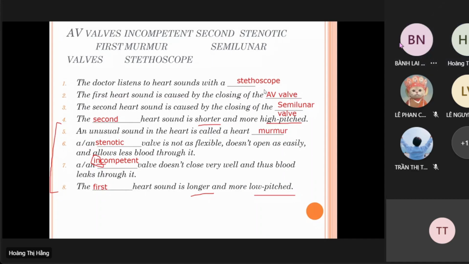Rồi, tiếp. And when a patient gets an EKG, they are hooked up to the several electrodes, and that measure the change in electrical current between different areas of the body.